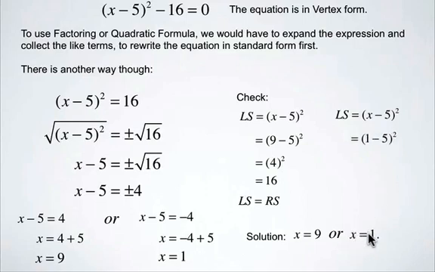Let's try our second solution. x is equal to 1. So 1 minus 5 squared is negative 4 squared, which is 16. So this solution is also a good one, because the left side equals the right side.